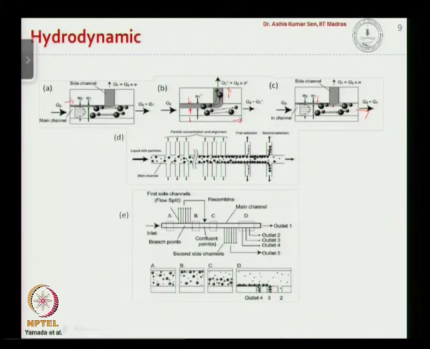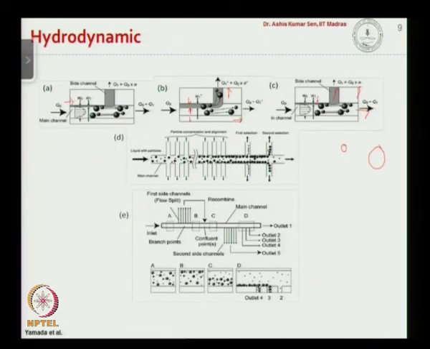Now if we can adjust the stream width such that it is more than the radius of one set of particles, whereas it is less than the bigger particle, then selectively particles can be collected at different outlets. So that is the principle of hydrodynamic filtration.